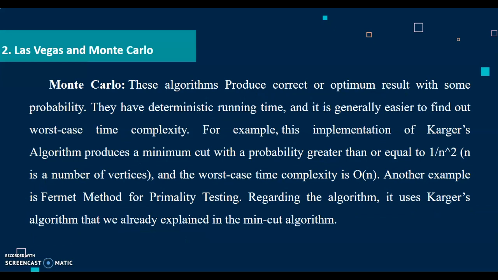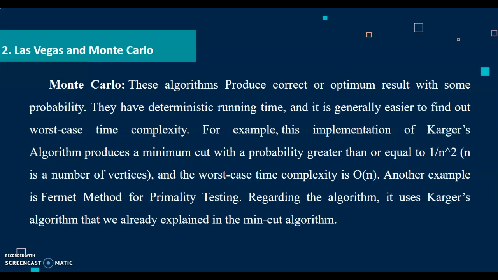And Monte Carlo algorithm. These algorithms produce a correct or optimal result with some probability. They have deterministic running time, and it's generally easier to find out the worst case time complexity. For example, this implementation of Karger's algorithm produces a minimum cut with probability greater than or equal to 1 divided by n squared, where n is the number of vertices.